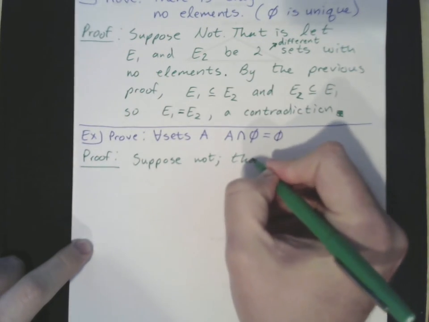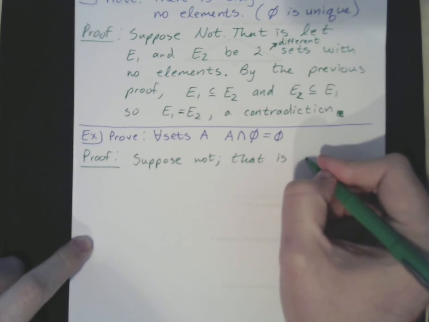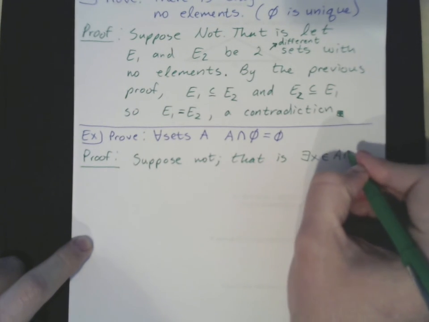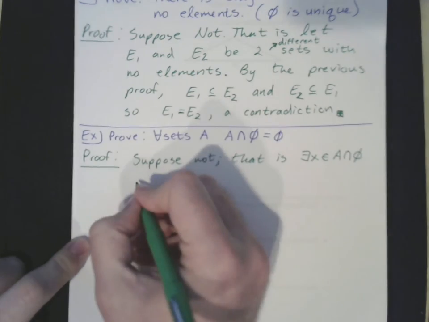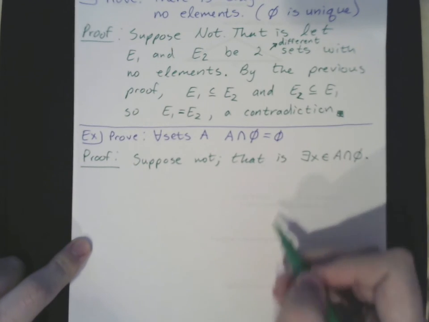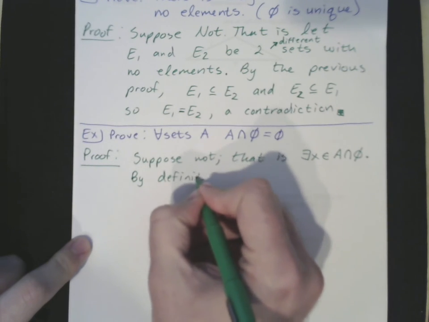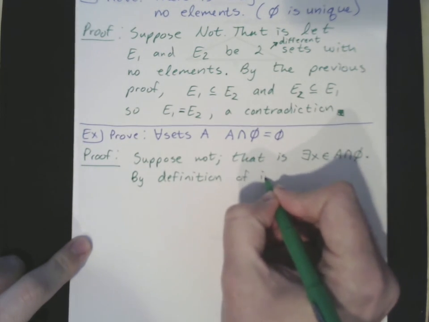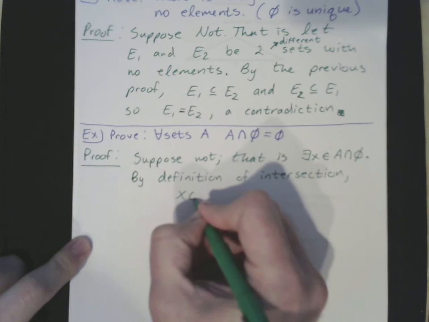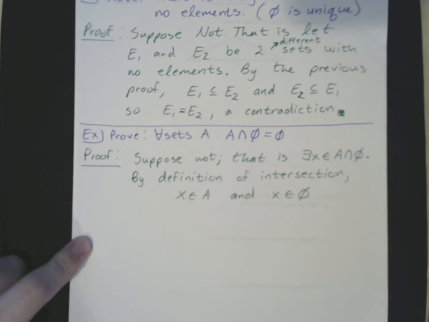We're going to suppose not. That is, there exists some x in A intersect the empty set. That's what that means. If this is not true, then it's non-empty, which means there's some element in there. Well, by definition of intersection, x is in A and x is in the empty set.